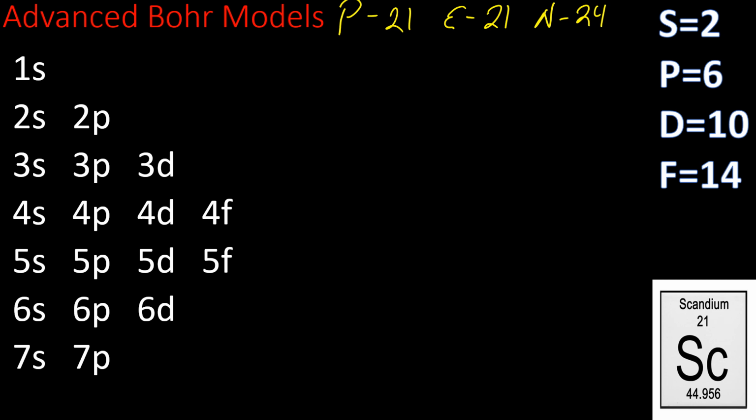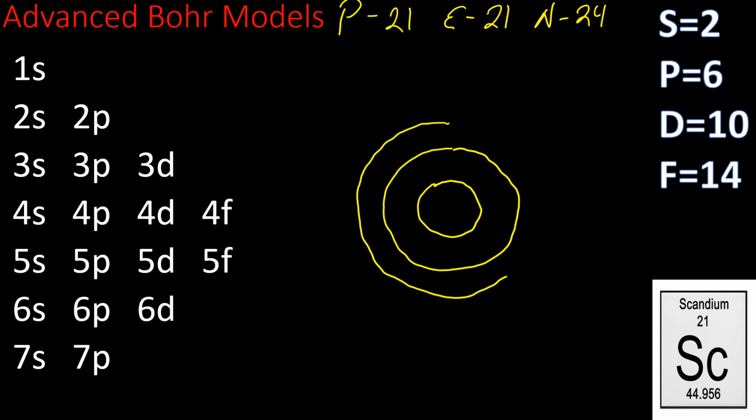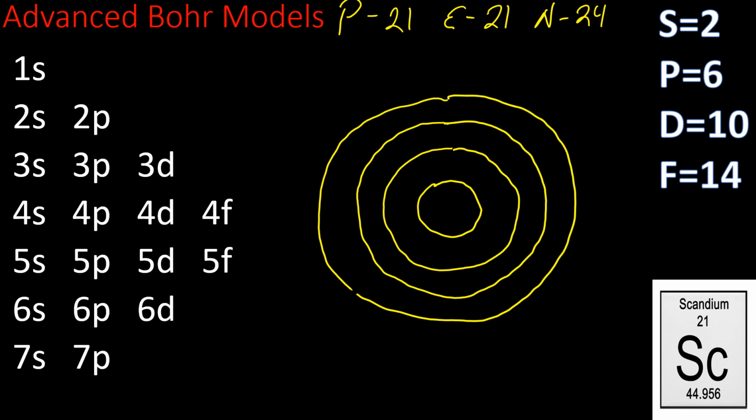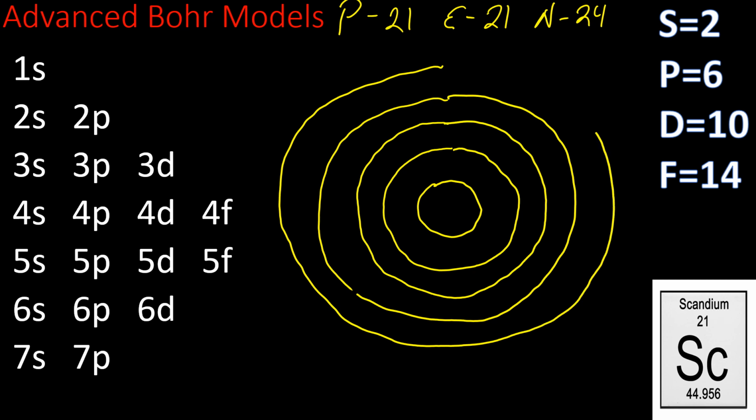So I'm going to go ahead and make my nucleus and my 4 shells. Alright, so remember in a Bohr model, in the nucleus, we're going to place our protons and our neutrons.